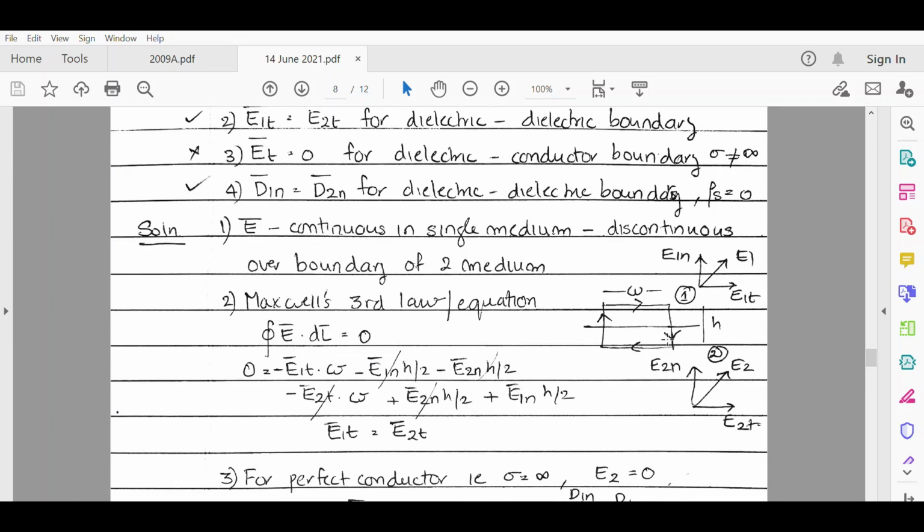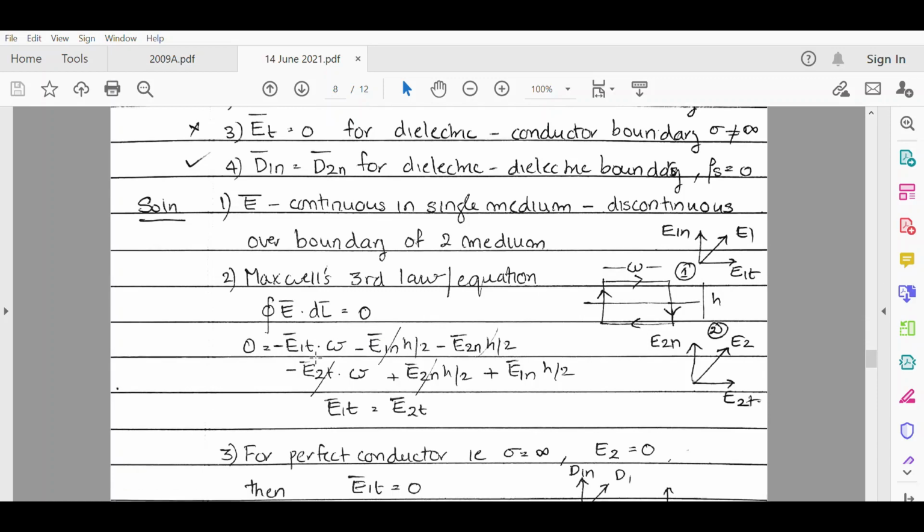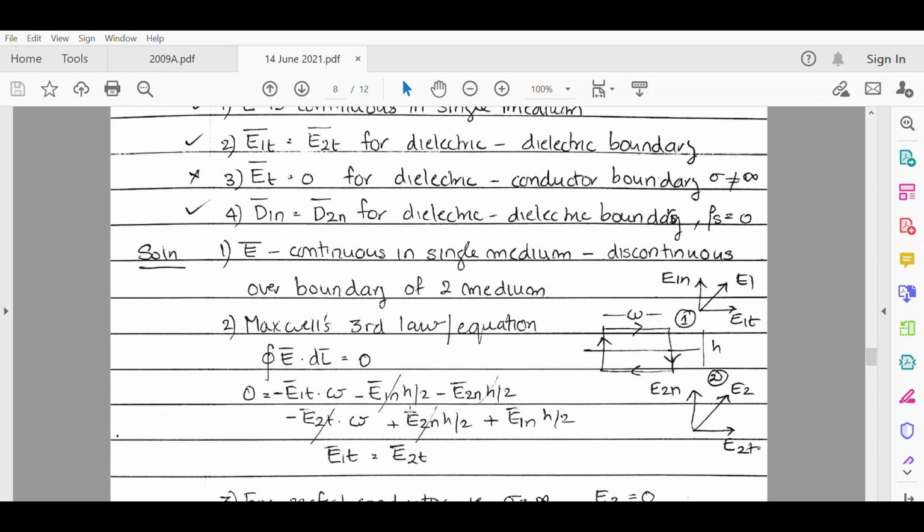Now we can do this line integral over this path, and the path dimensions are width of W and height of H. So we can do the integration, and the integration step has been shown over here. From the integration we will be able to find out that the tangential component E1 of t is equal to E2 of t. So over a dielectric boundary, the tangential component of electric field is continuous.